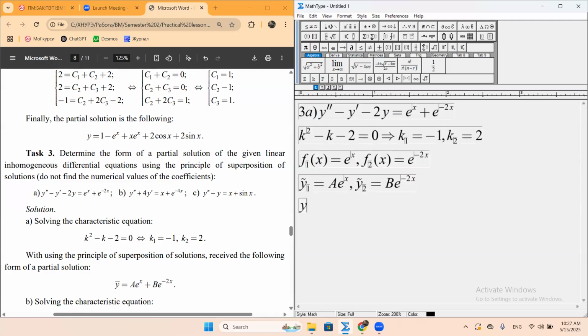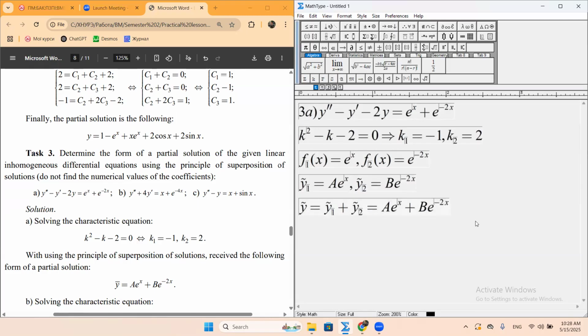And according to the superposition principle, the partial solution will be equal to the sum of both these solutions. So it will be a e to the power of x plus b e to the power of minus 2x.